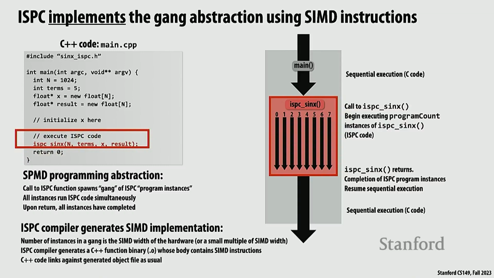You got a straight line set of C code, and it said, rewrite that C code in vector instructions, so that vector size things were all doing a piece of that loop at the same time. So the underlying implementation of that sinx program is going to be a set of vector instructions. The reason you're going to set that gang size to the SIMD width of the machine is that if I'm going to do 8 copies of this program, I might as well run all 8 at the same time in different lanes of a vector.